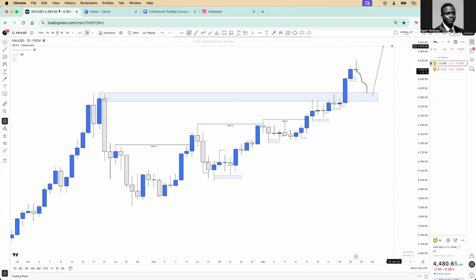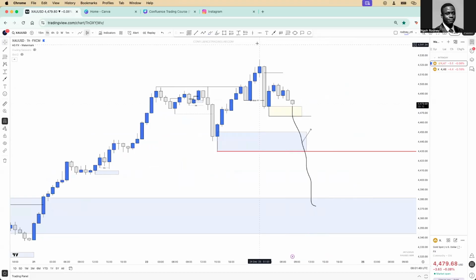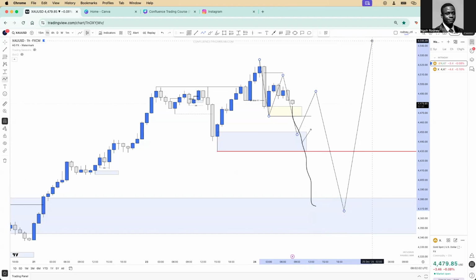You see? And what this will mean now is that we are in a position where we're having one break, another break, and then maybe a push lower before we can start looking for buys again.